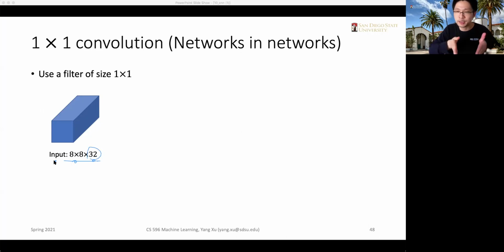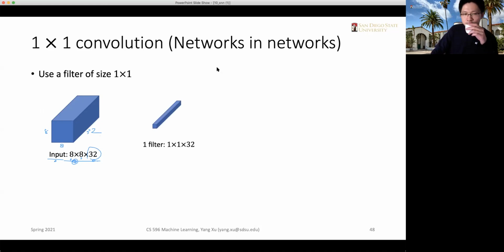It must be somewhere in the middle of a deep convnet, the output from some previous activations, right? The width and height is 8 by 8, so it has 8 pixels, and the depth is 32 channels. Okay, so that's the volume input.